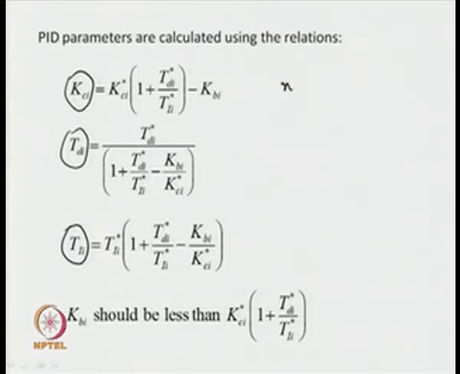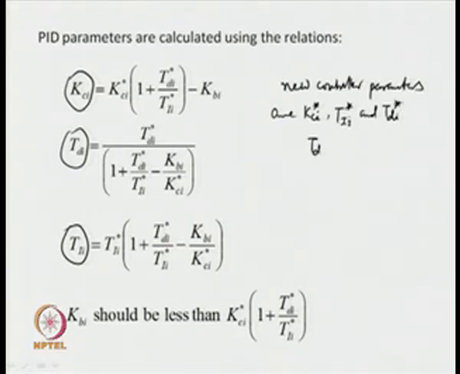So, the new controller parameters are Kci star, Tii star and Tdi star.